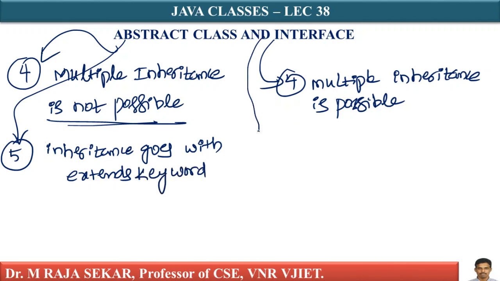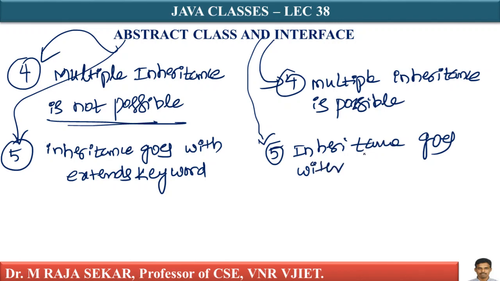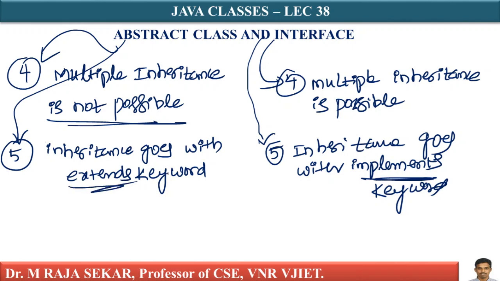In the context of interfaces, inheritance goes with a keyword known as the implements keyword. Here we are using implements, here we are using extends.